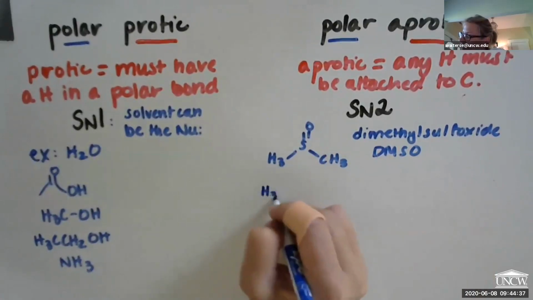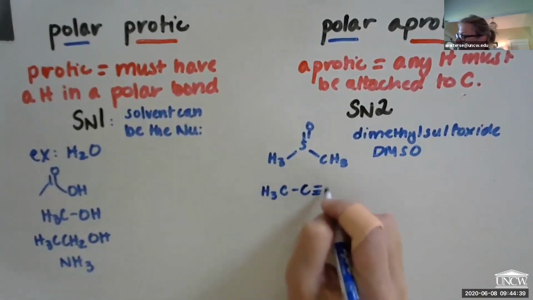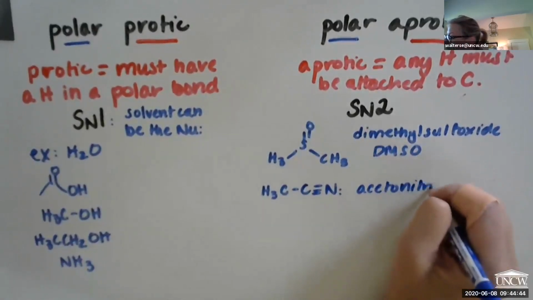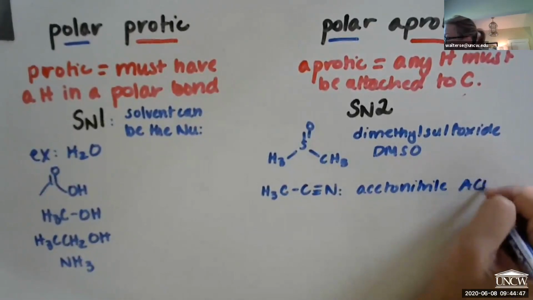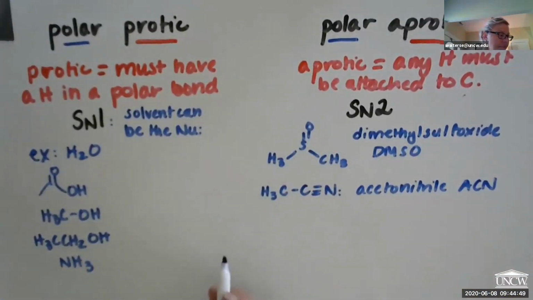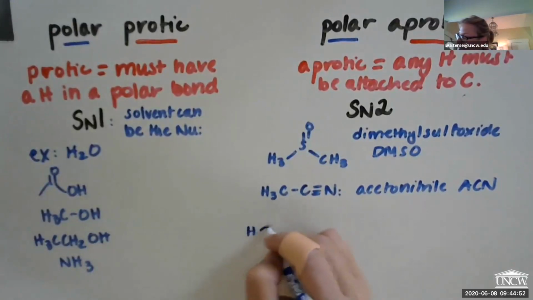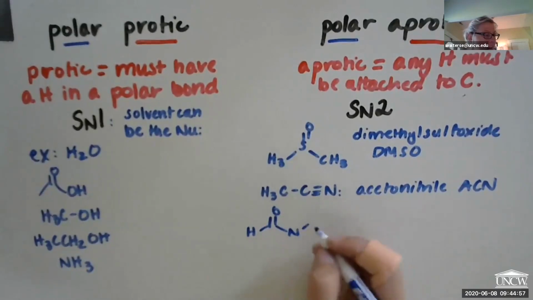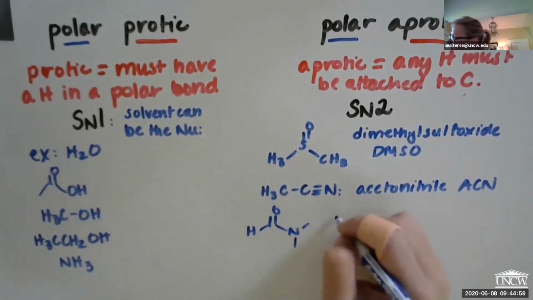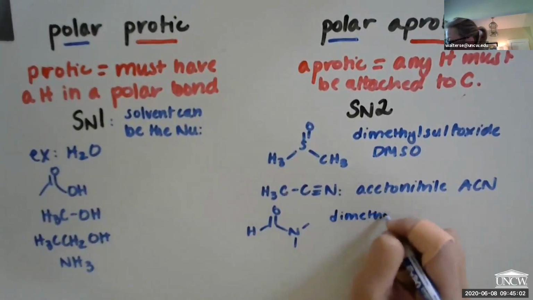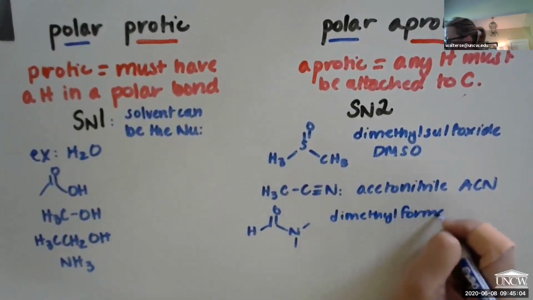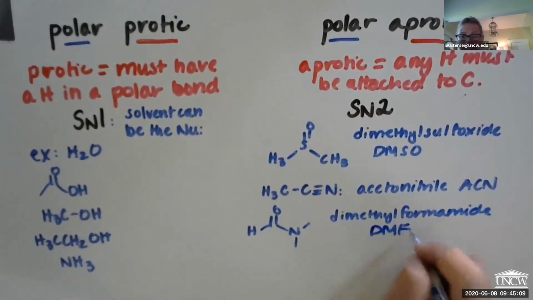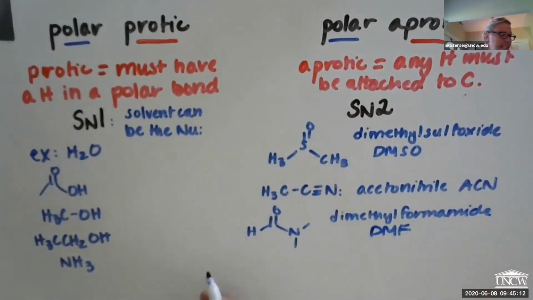This solvent is acetonitrile, ACN. This one is dimethylformamide, DMF. And then the last one is actually really big.